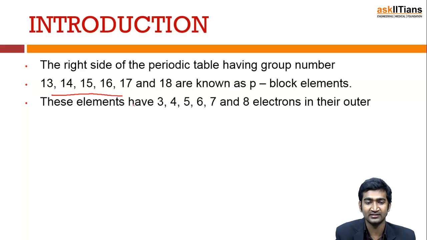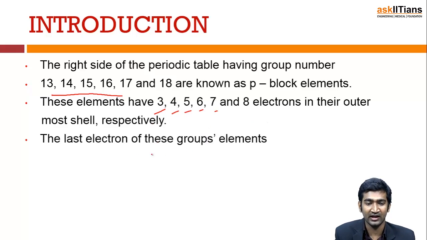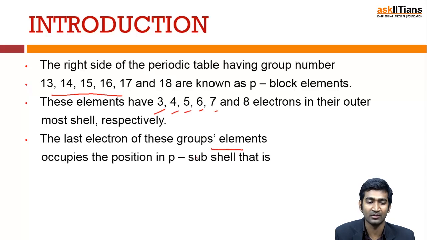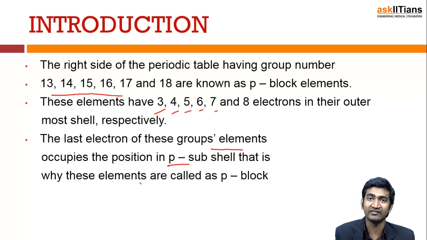If I'm saying 13, this will have 3, 14 will have 4, then 5, 6, 7, 8 electrons in their outermost shell respectively. And the last electron will enter the P subshell. This is the reason why I say they are P Block Elements.